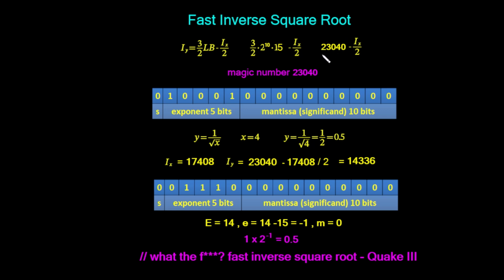So the contention then is that we can work out the reciprocal of the square root of the value ix by dividing ix by 2 and taking it away from this number. Now this number has become known as the magic number.